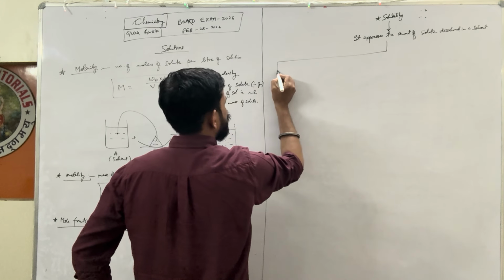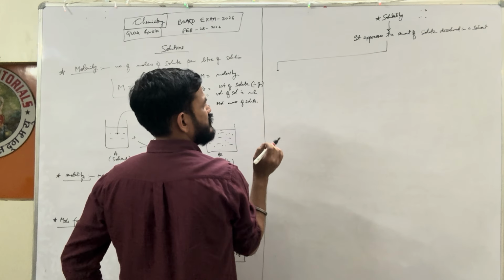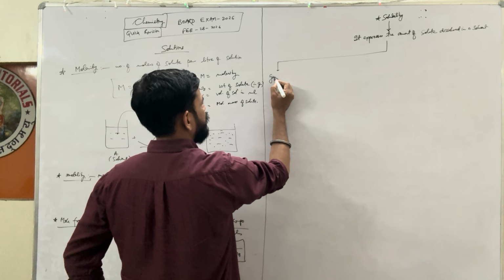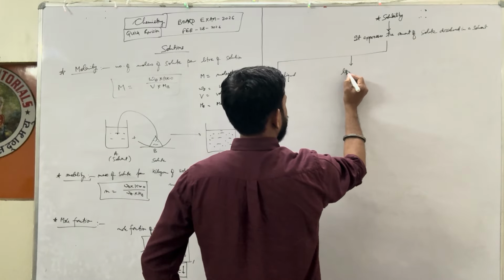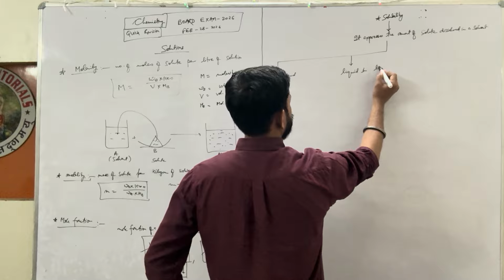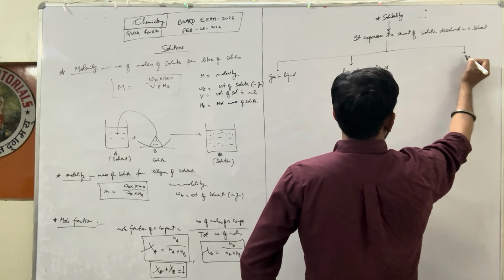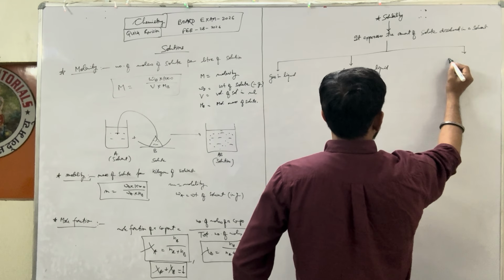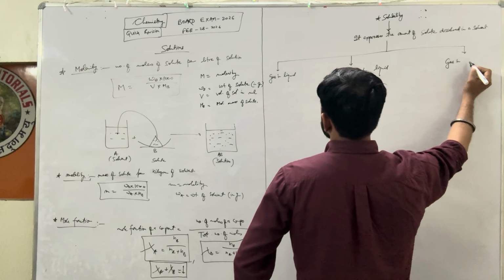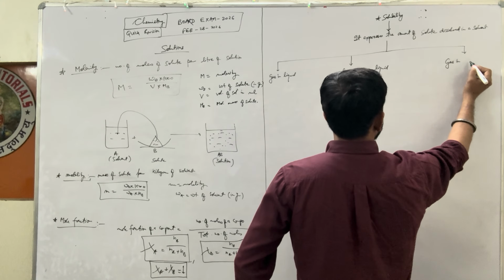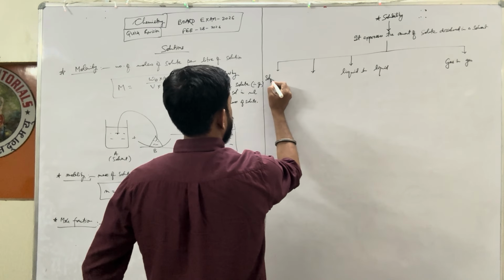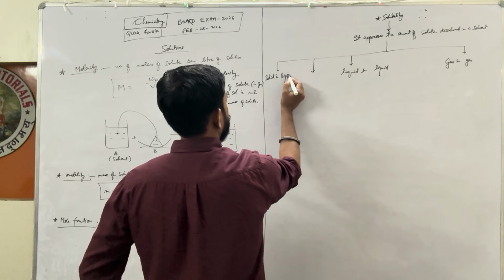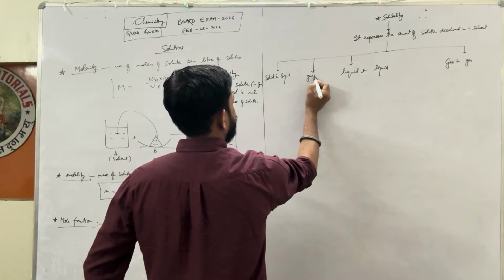So we can find solubility for different solvent and solute combinations, like gas in liquid, liquid in liquid, gas in gas, solid in liquid, and then gas in liquid.